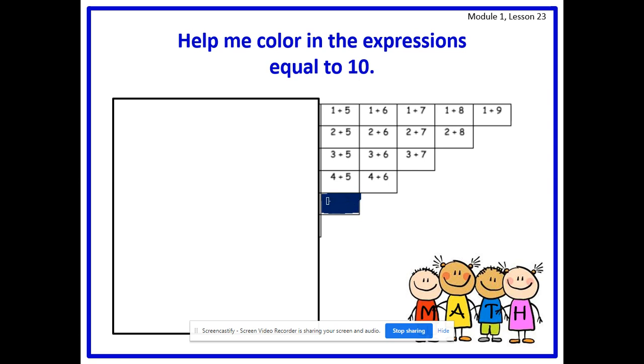Since I'm doing it with the computer, I might not be able to color in lighter. But go ahead and color in all the expressions that equal 10, so all the ones we just reviewed. Just like this.